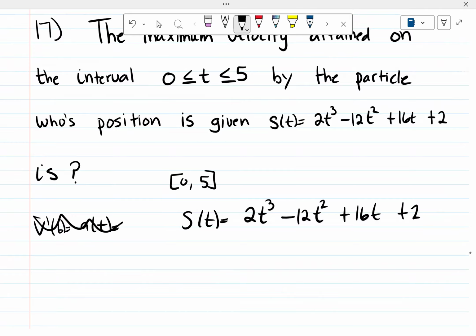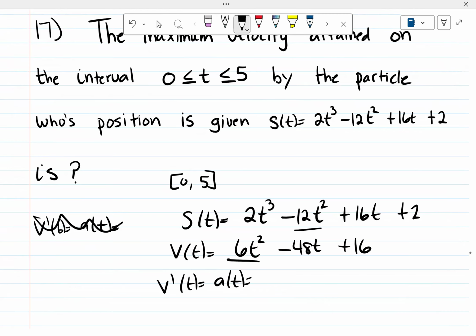And then what we're going to do is find v of t by taking the first derivative of this. So the derivative of 2t cubed is 6t squared. The derivative of negative 12t squared is negative 48t. The derivative of 16t is 16. And then you have to find v prime of t, which is a of t.